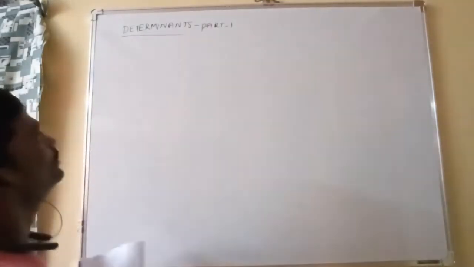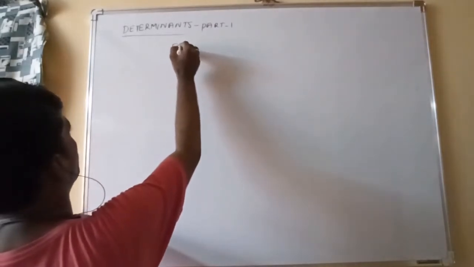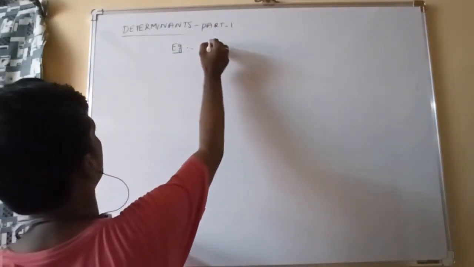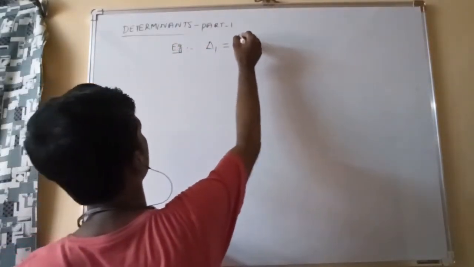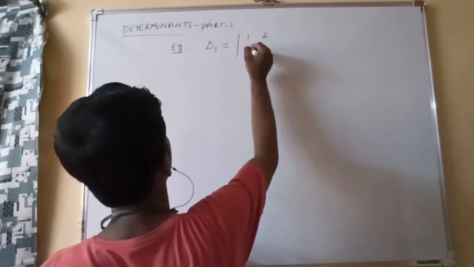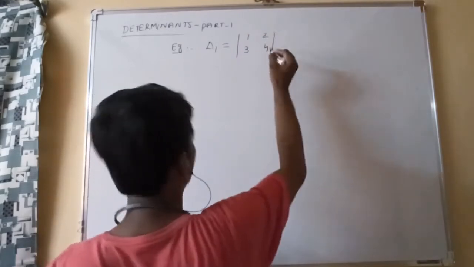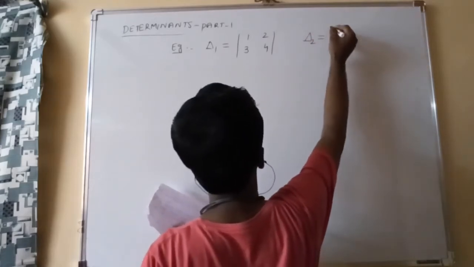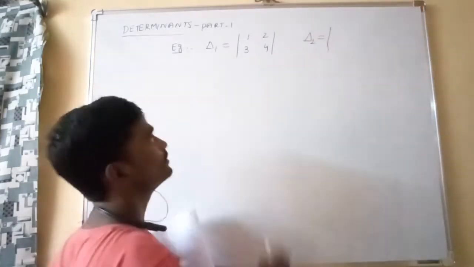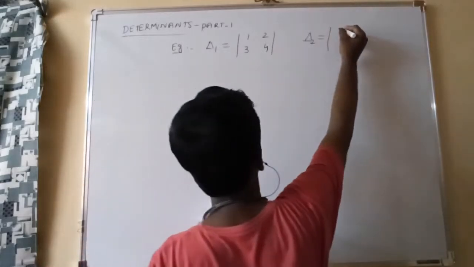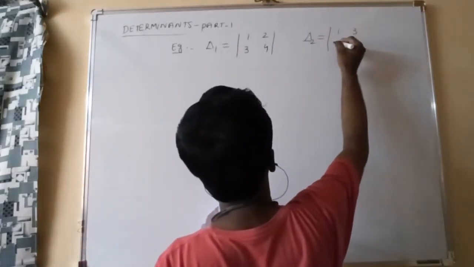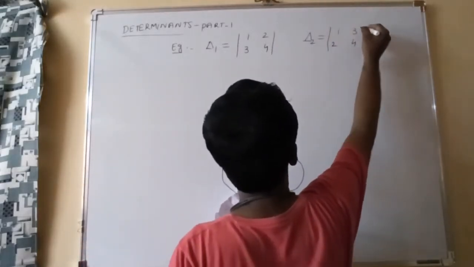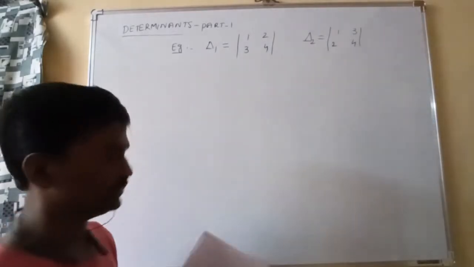For this, I am taking an example. Delta 1 is the determinant of 1, 2, 3, 4. Delta 2 is obtained from delta 1 by interchanging the rows and columns. Then what you will get? First row 1, 3, second row 2, 4.